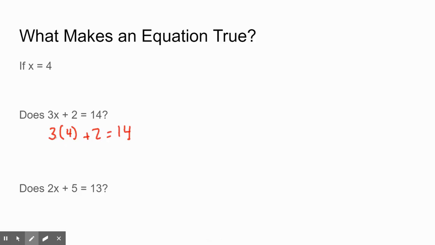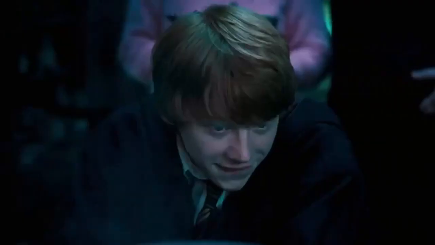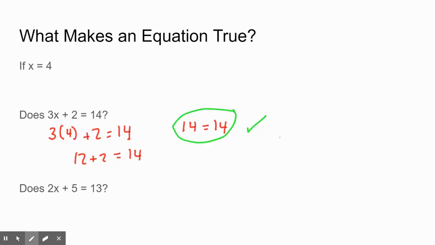We're now just going to do PEMDAS. 3 times 4 is 12. We'll rewrite the rest of our expression. We'll do 12 plus 2 next, which is 14. And last time I checked, 14 is equal to 14. Obviously. So we know that for this equation, x definitely equals 4. That is a true equation.